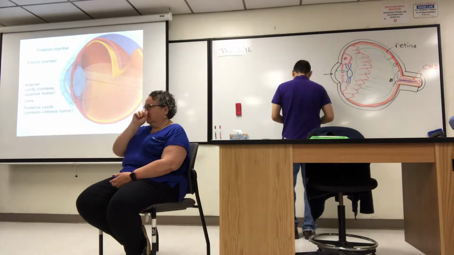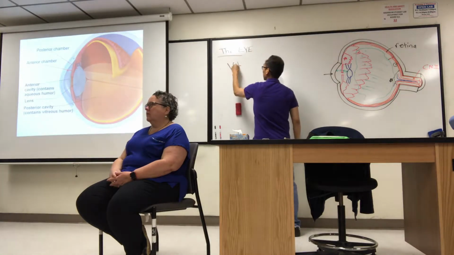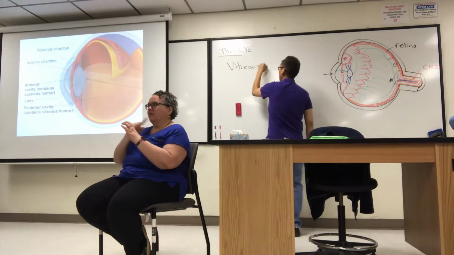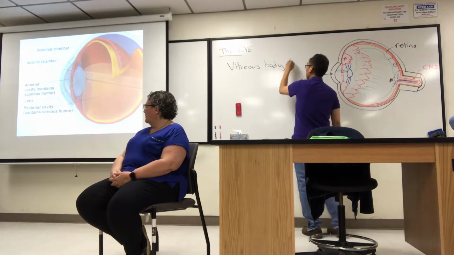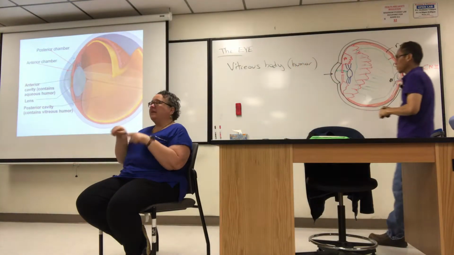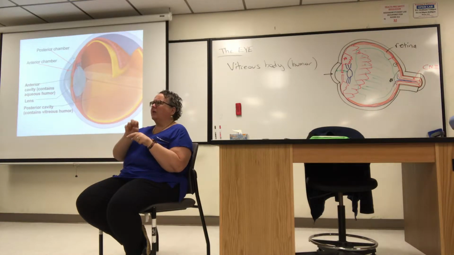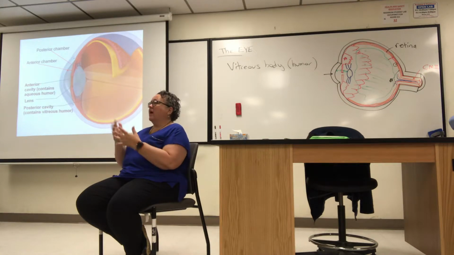So this green stuff, vitreous body, or just call it humor. Not the same as the aqueous humor where it circulates, it just kind of stays there. It provides intraocular pressure, which needs to be normal for normal eyeball function.